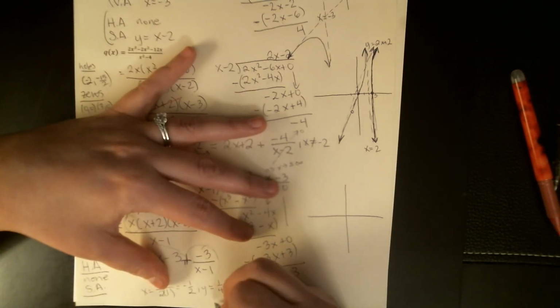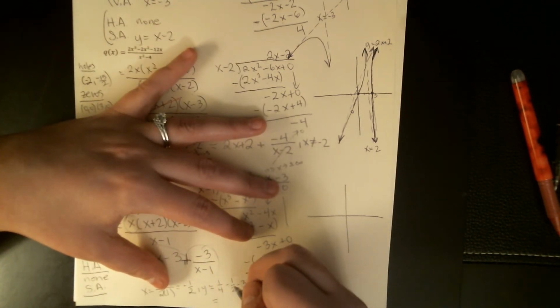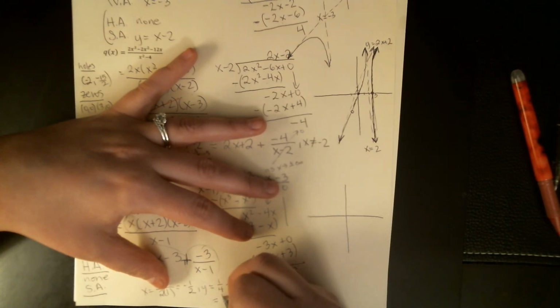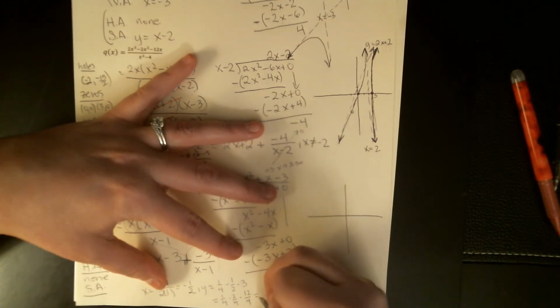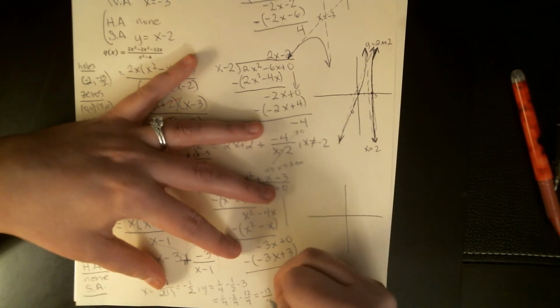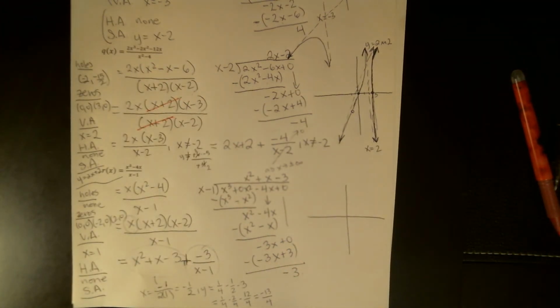Okay, so I guess we're going to make everything fourths. So we have 1/4, 2/4, and then this 3 is 12/4. So negative 13 over 4, which is a little lower than negative 3, since negative 12 over 4 would be negative 3.